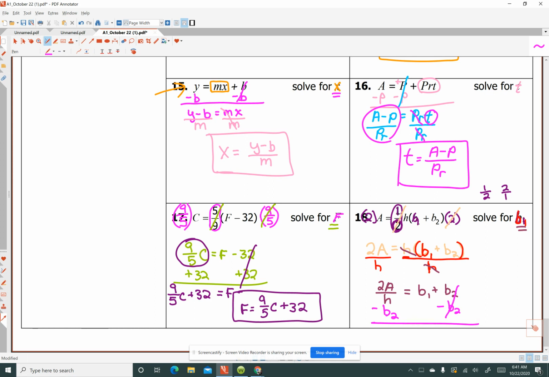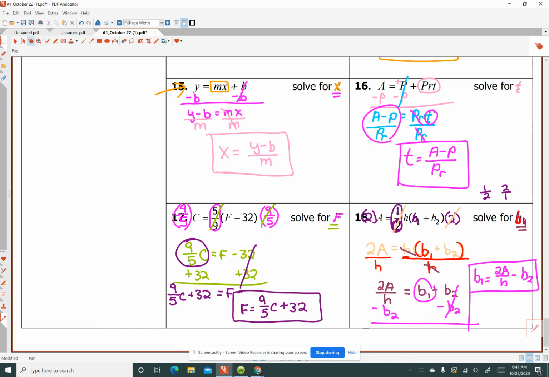I'm going to have to write over here and make a sidebar. We're left with B1, which we isolated, equals 2A divided by H minus B2. And that is a final answer.